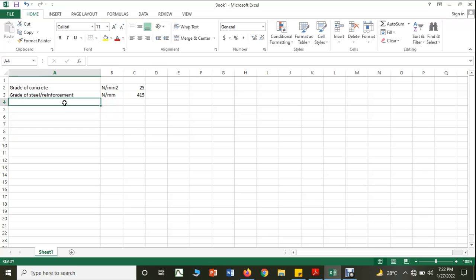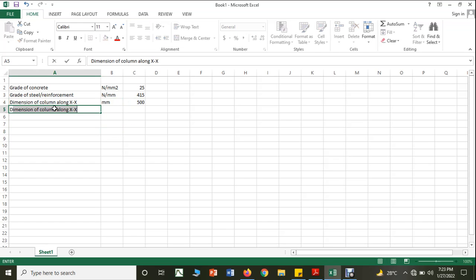Then let us take the dimension of the column along XX, which will be in mm, and let us take the dimension as 500.